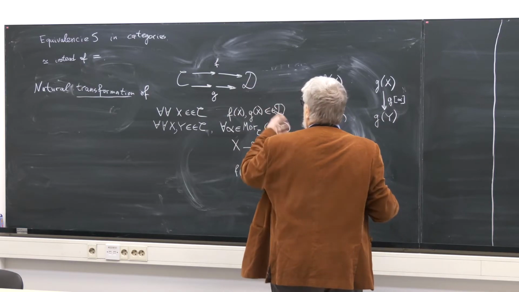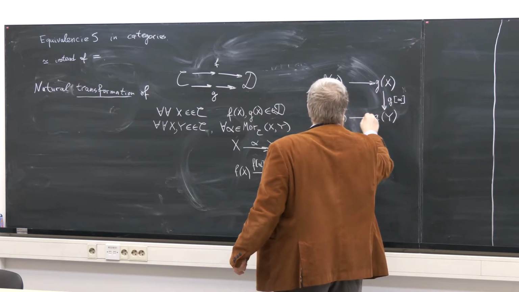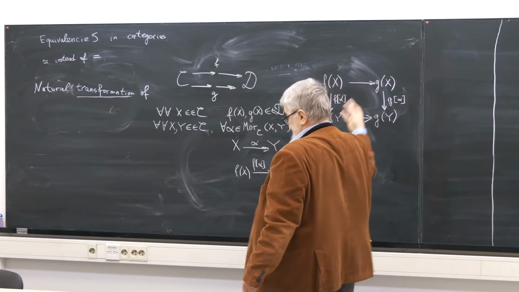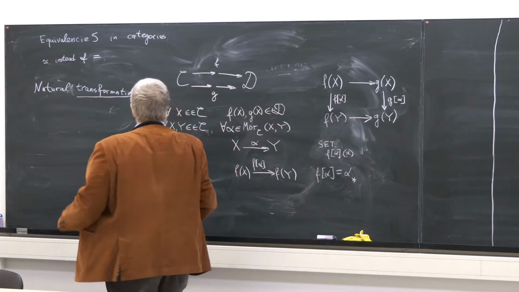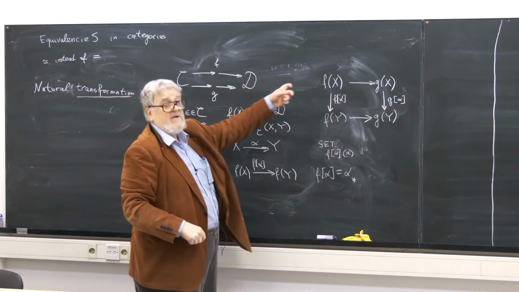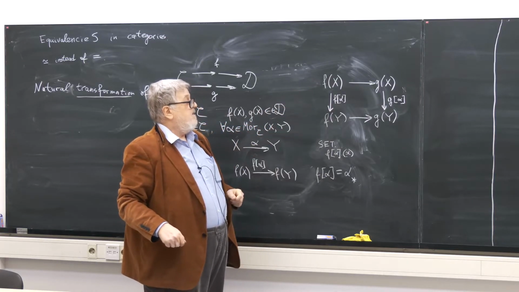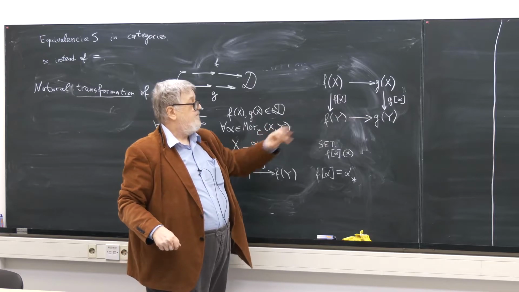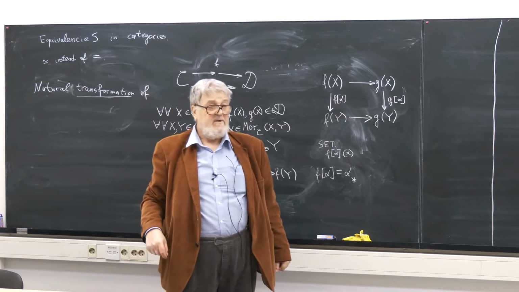And this transformation has no name. We do not denote it somehow. It is the transformation of the functor we are defining. So it is demanded that all such squares are commutative.